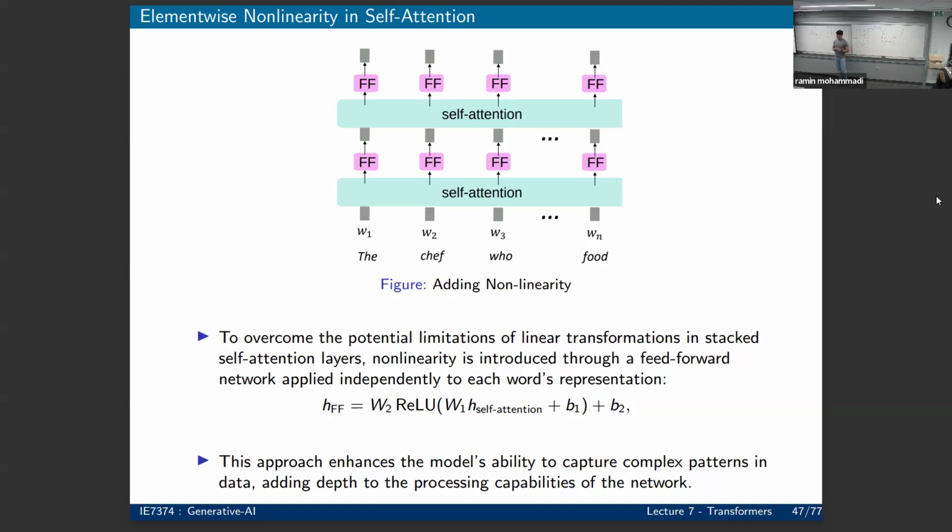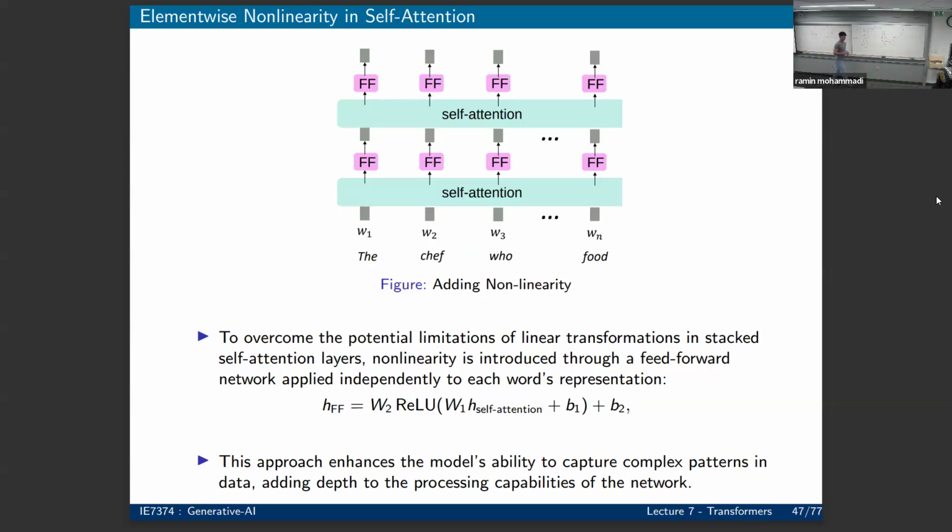So if you have n words, you have a complexity of O(n²), because you end up with a large matrix. So from the complexity perspective, the encoder is more expensive than the decoder, the generative one, just because of the amount of operations that we go through to create those encoding representations.